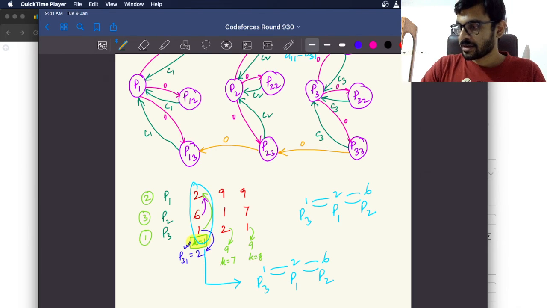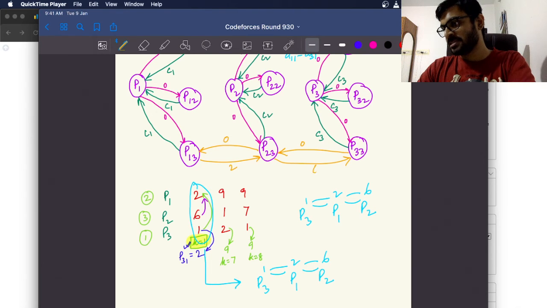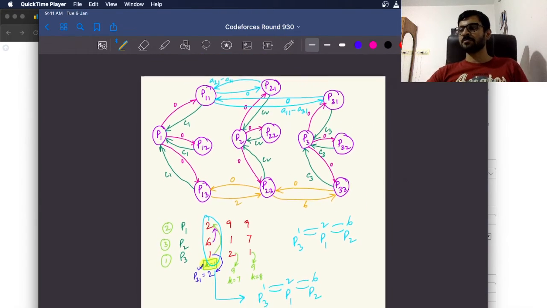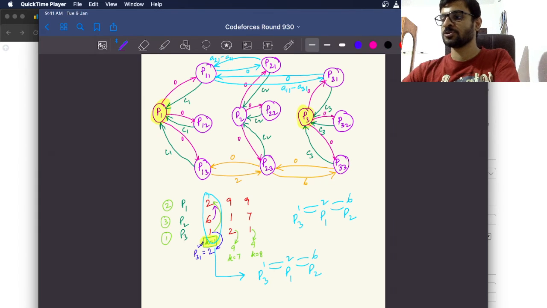You can come back from P1 to P2 at cost 9 minus 7, that is 2, and from here you can come back at cost 7 minus 1, that is 6. So this is how we can complete the graph, and you just have to start from this index and reach this index. Over here, this is your source, this is your destination.